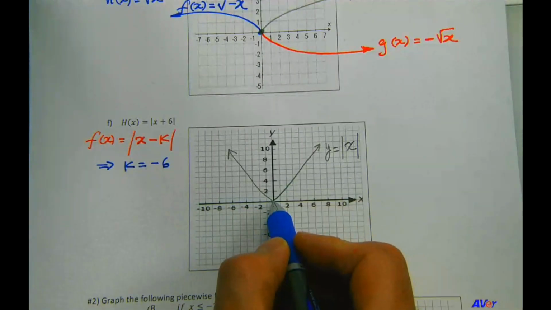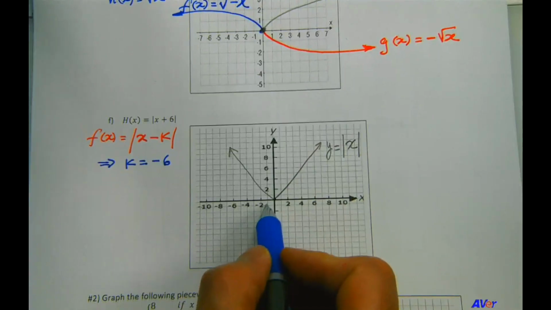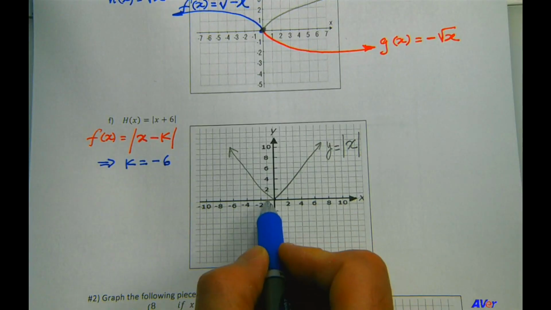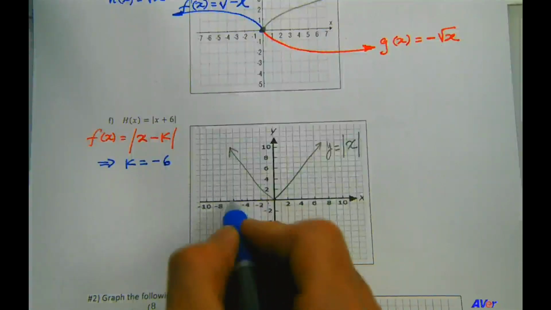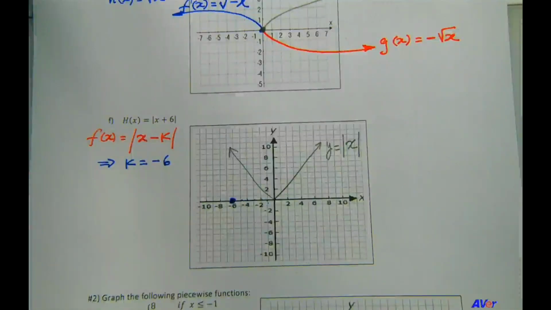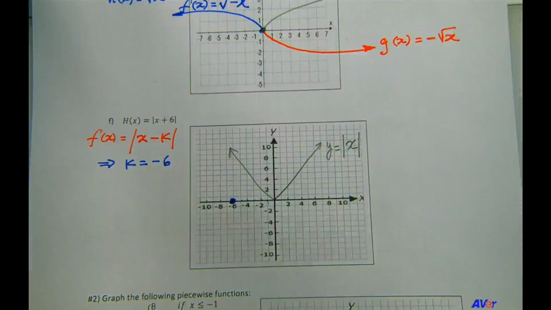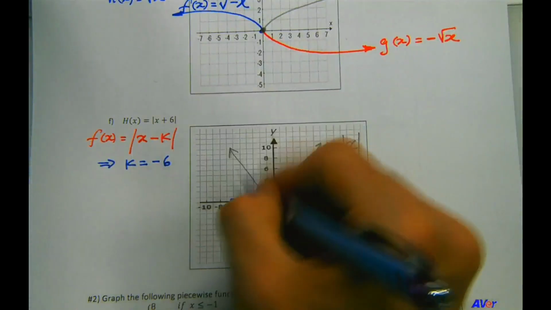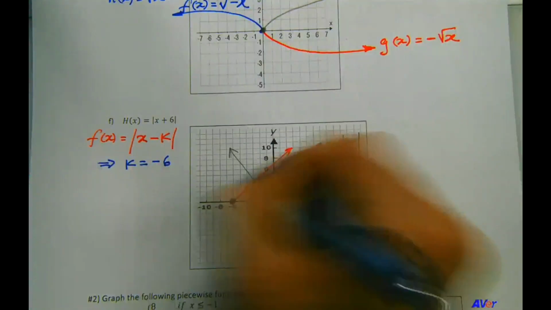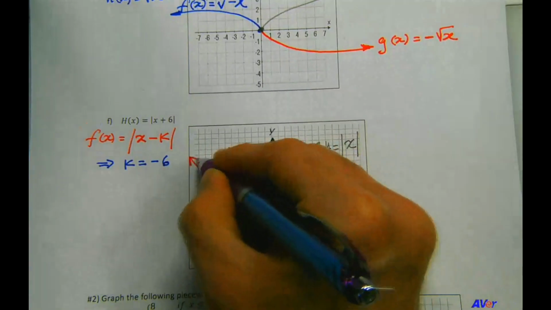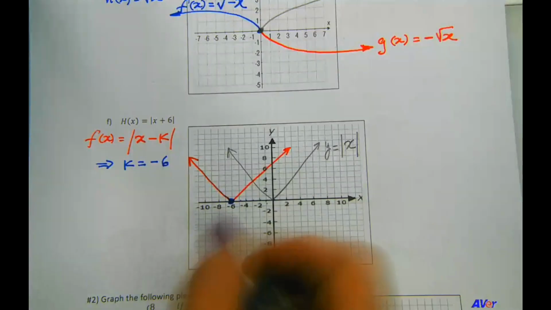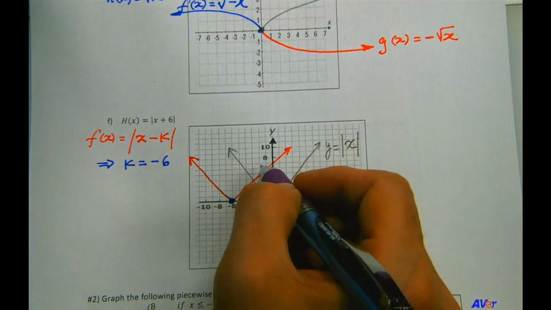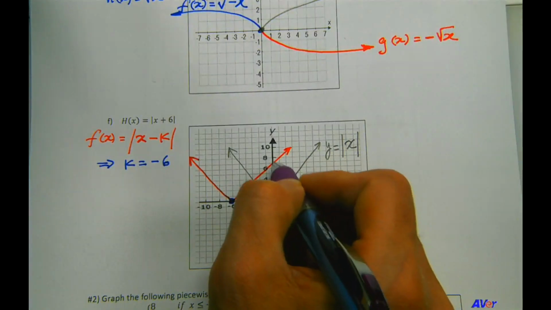So this vertex would move 1, 2, 3, 4, 5, 6, right there. And then we can draw that the same, like that, and like that. Of course, this is just a basic transformation. I'm not too careful at this point where these lines are crossing.